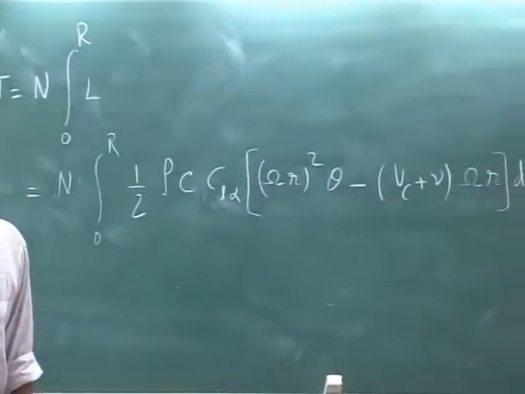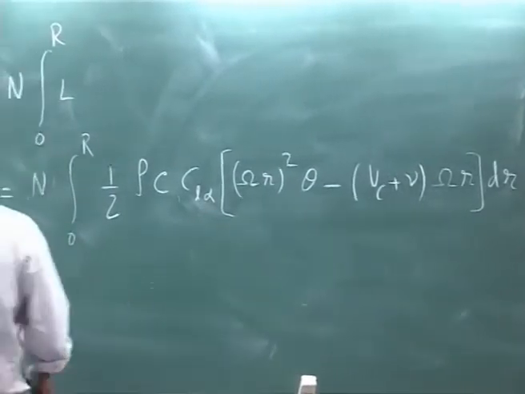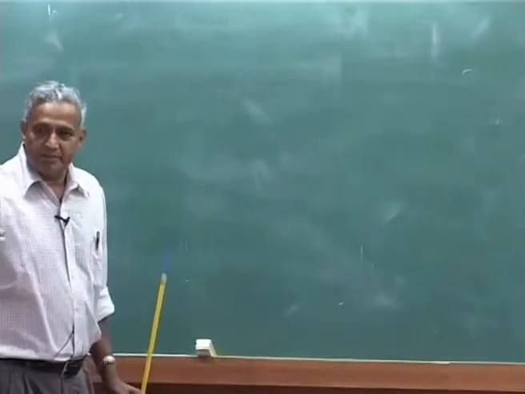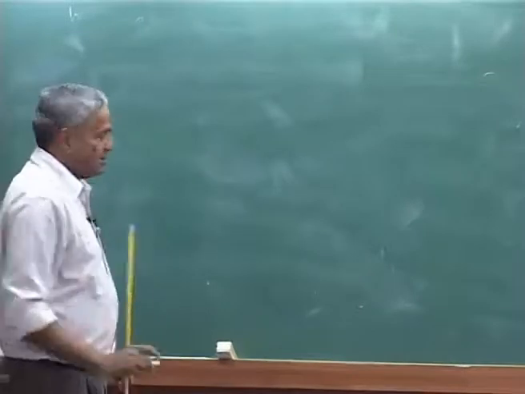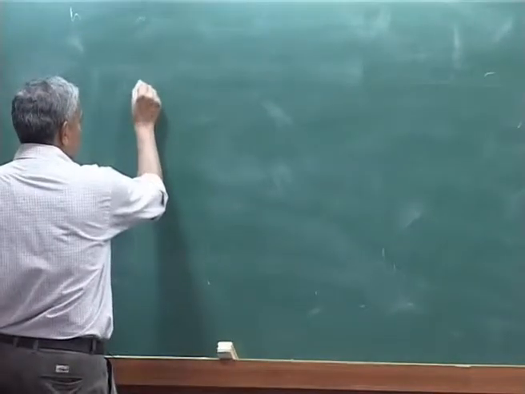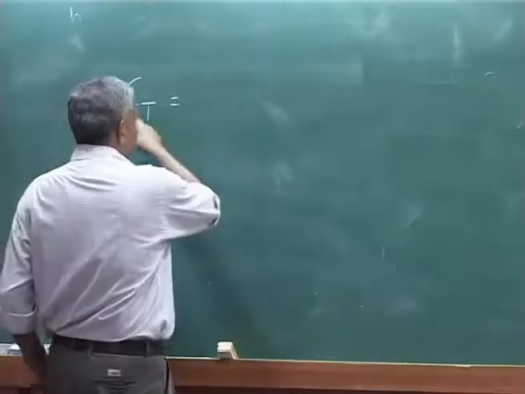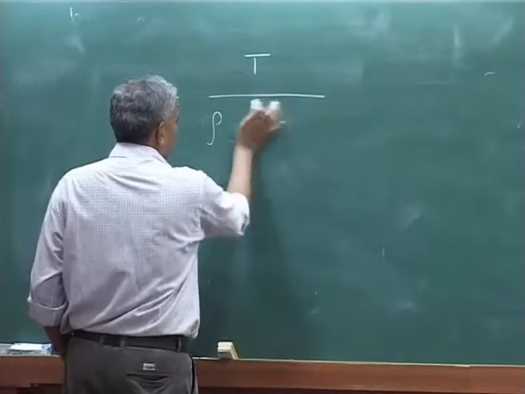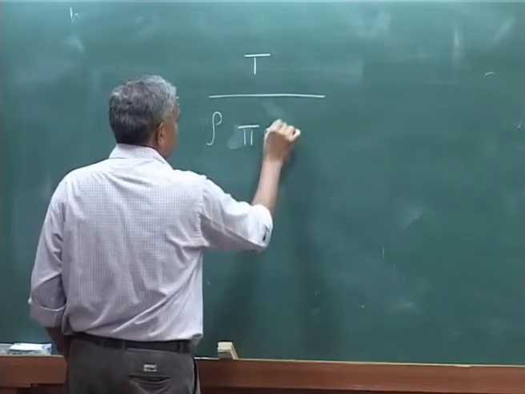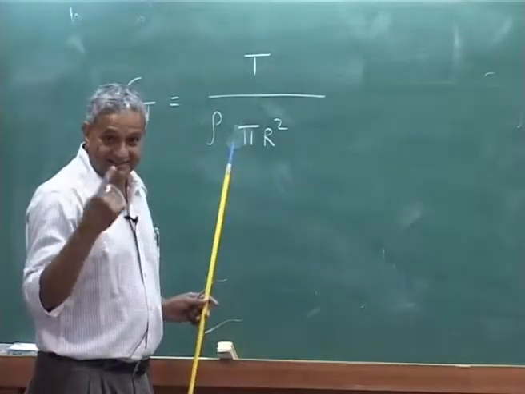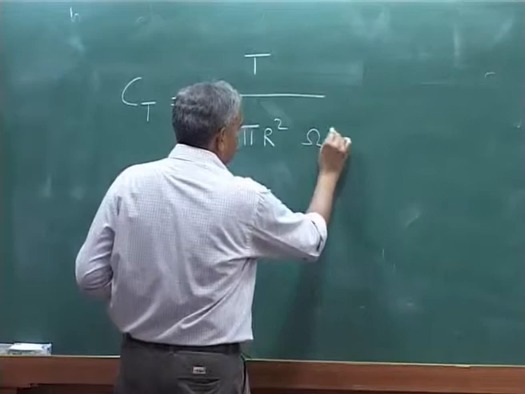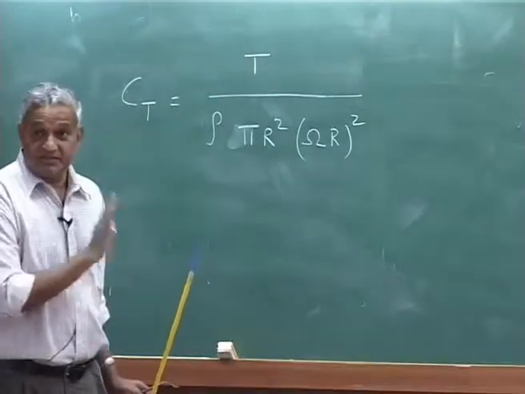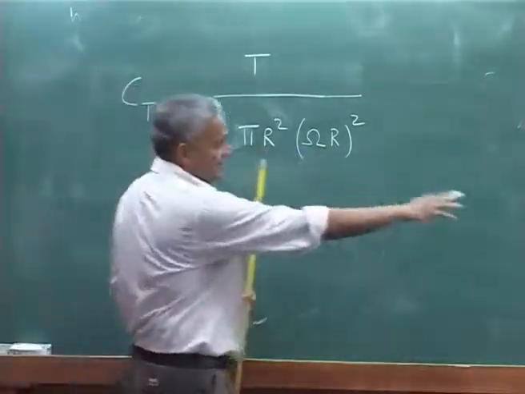When we non-dimensionalize, velocity quantities are normalized with respect to tip speed, and you use omega R. So, you see Ct, the thrust coefficient, is thrust divided by rho pi R square, this is the area of the rotor disc, and omega R whole square. This is my Ct.